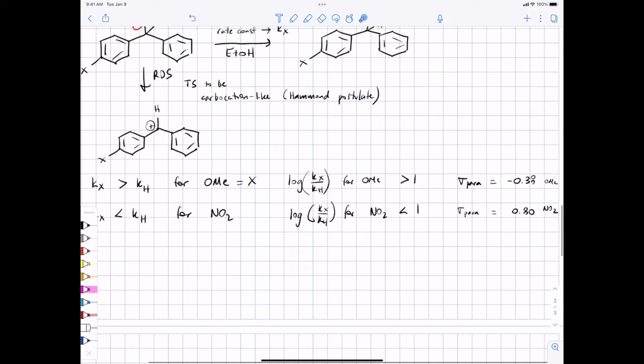So you can see that we expect for this reaction where there's a buildup of positive charge, we expect our measured values of log kX over kH to be opposite in sign as the corresponding substituent sigma para values.